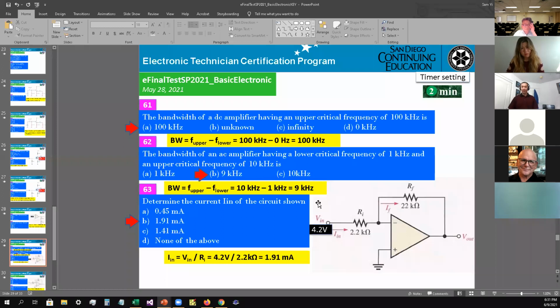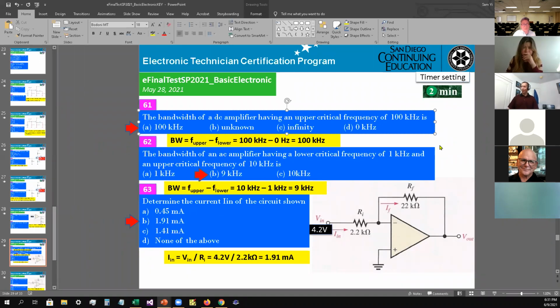Yes, number 61. They say the bandwidth of a DC amplifier has an upper critical frequency of 100, but it doesn't tell you what the lower frequency is. If it doesn't mention, we always measure from zero frequency. If they tell you the upper side, then the bottom side has to be at zero, because we don't do negative frequency.